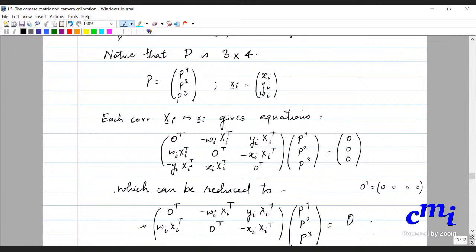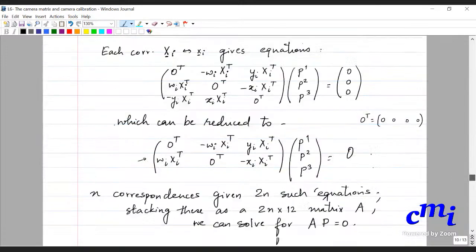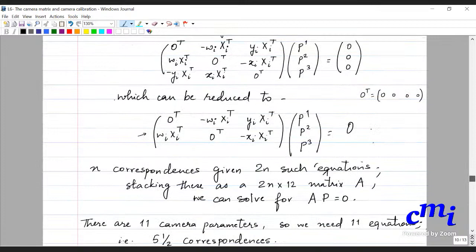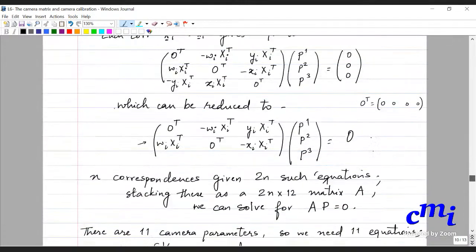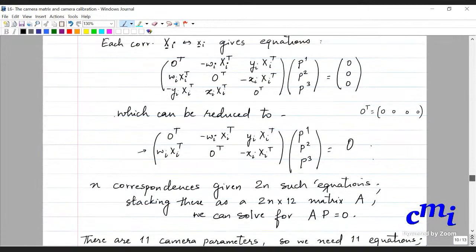These arise in the same way as they were arising in the homographic case. Again, you notice that the third equation is a linear combination of the first two, and you get rid of that one, and so you get this equation. If you have one correspondence, you are going to get two equations like this.